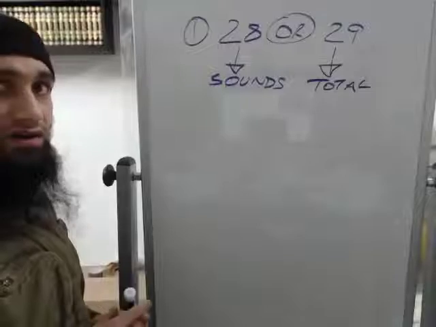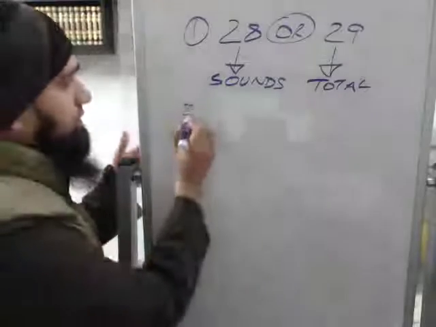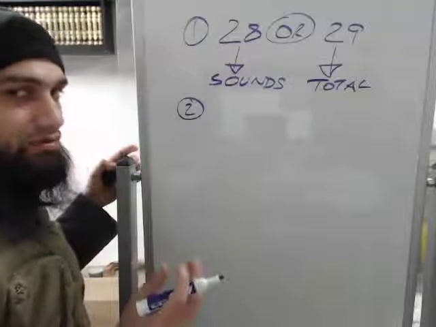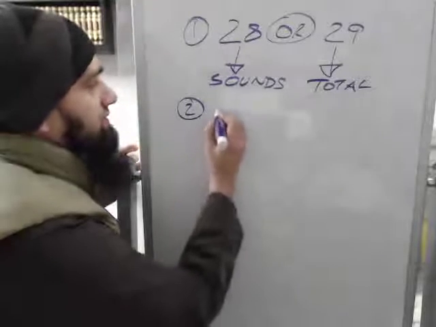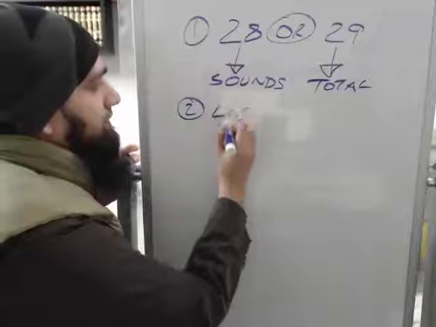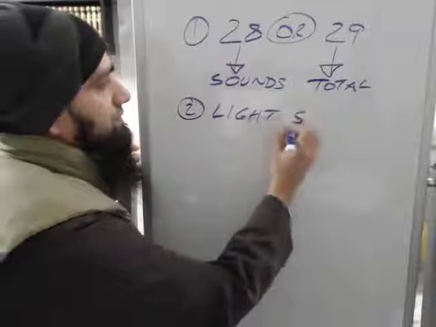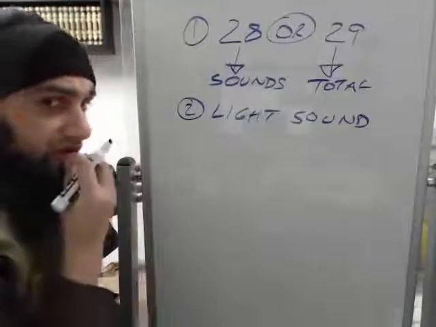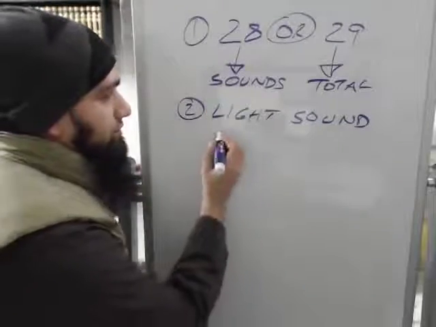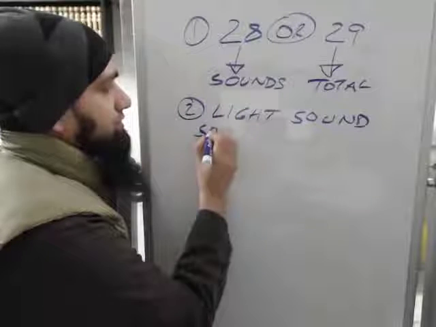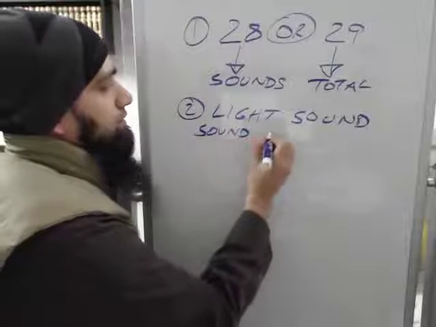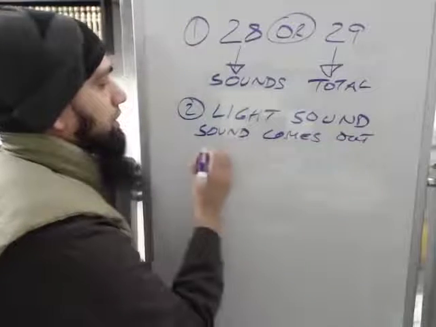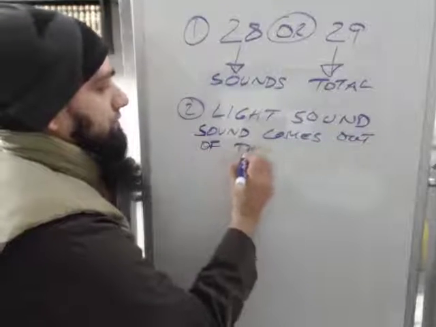But first thing you need to know is that the difference between heavy sound and light sound is that for the light sound, the sound comes out of the mouth.